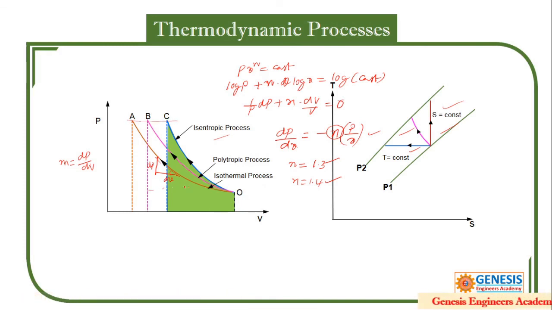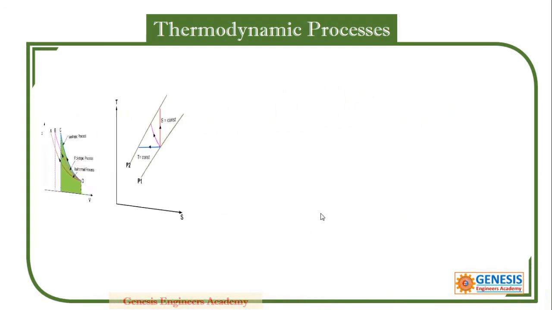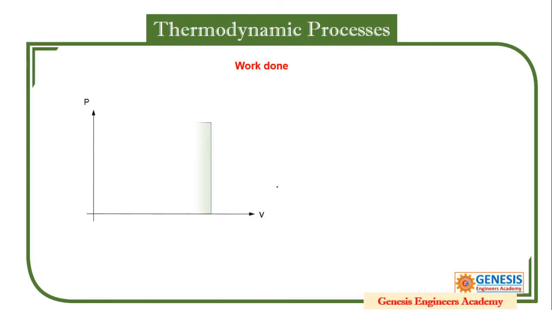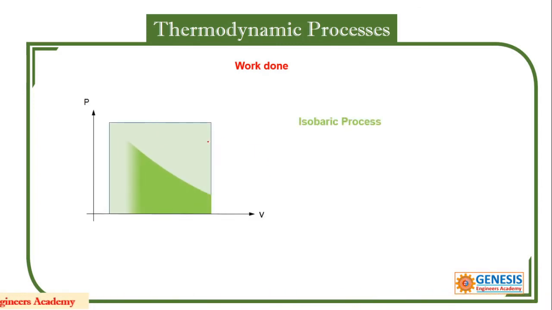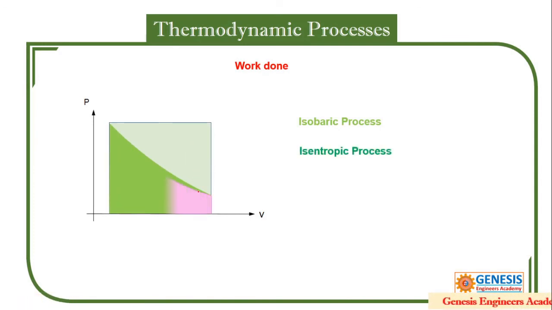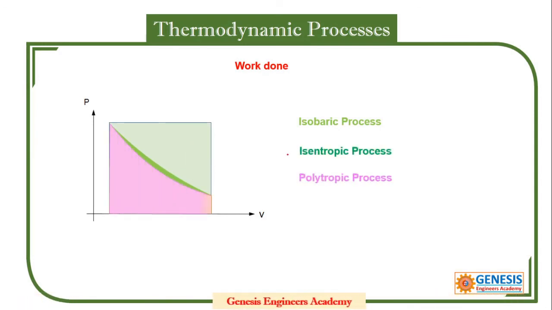To explain that, I am going over to this slide on work done. This rectangle is for the isobaric process. This thick green is the isentropic process, and this is for the polytropic process. The last one is the isothermal process.